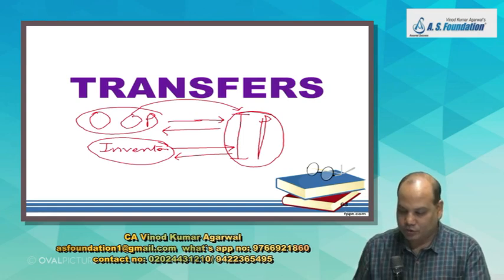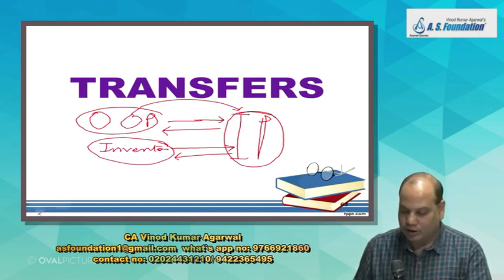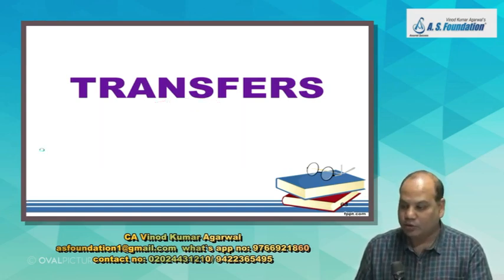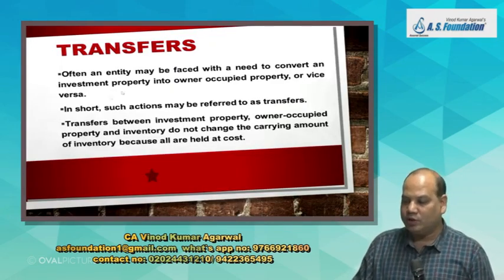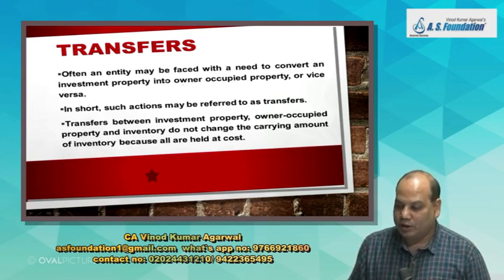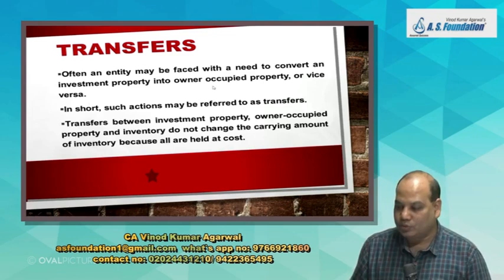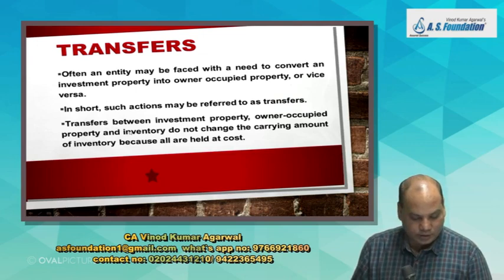Is it right? So you will find in your notes we have written: when the entity uses the cost model. Cost model is easy. When an entity may be faced with a need to convert an investment property into owner occupied property or vice versa, such action will be called transfer. If it is cost model, then this line is applicable to you.